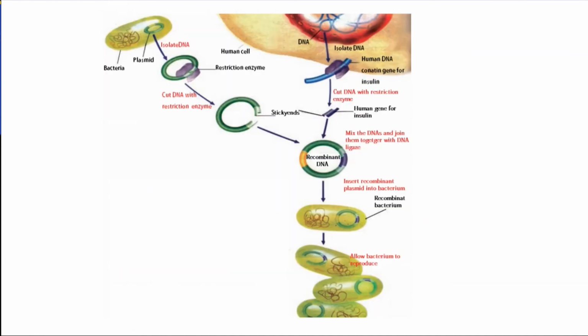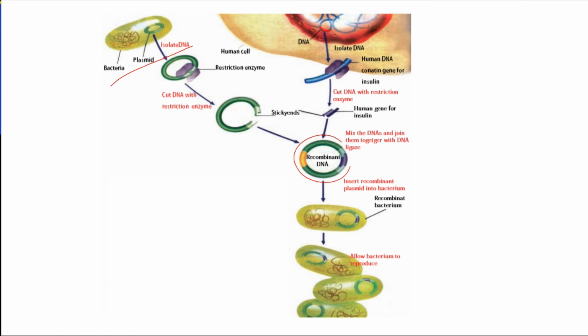And it's summarized in this picture: a human cell, part of DNA. We find it by a probe, cut it by restriction enzyme, then we transport it to the bacteria cell by what? By a carrier.